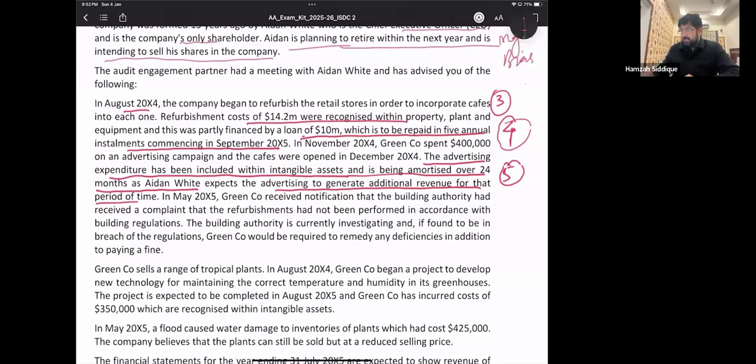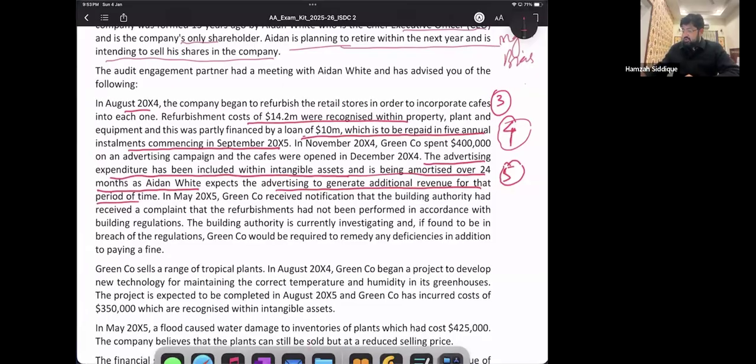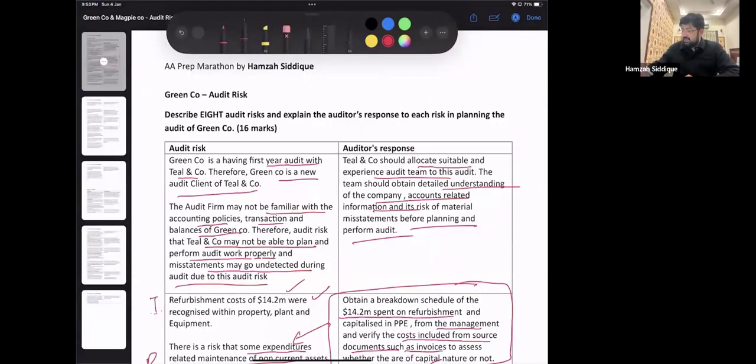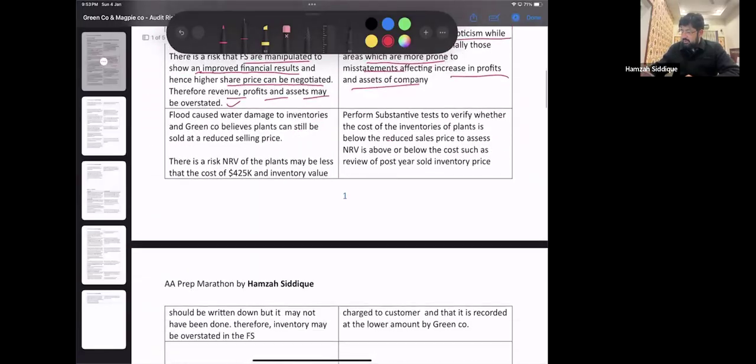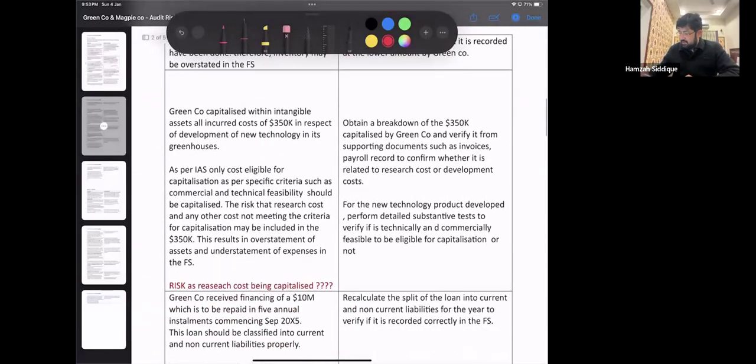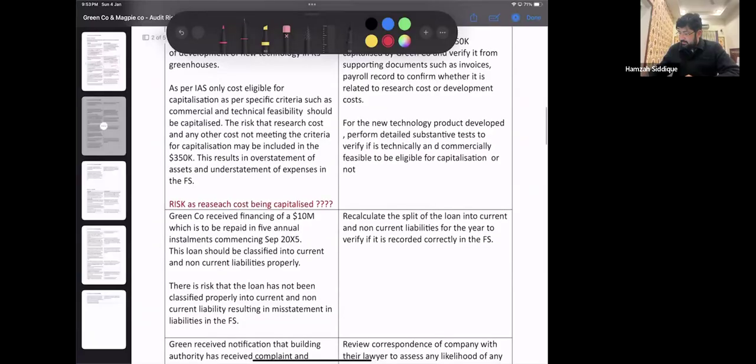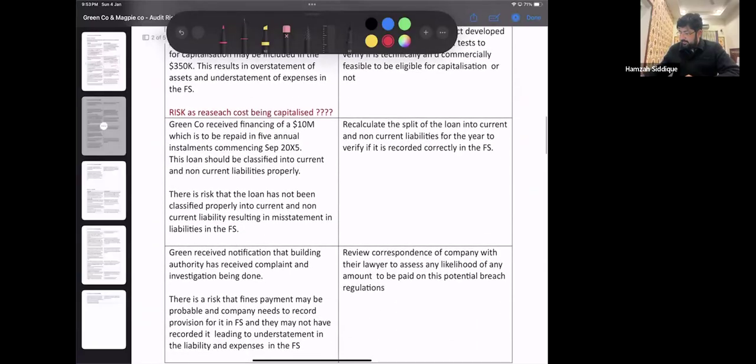Okay, come here. Let me take you to the answer. We will see the points over here. So advertising, yes, here. Yes, loan is here. Green Company received financing of 10 million to be repaid in 5 equal installments. It will be classified. How is it arising?